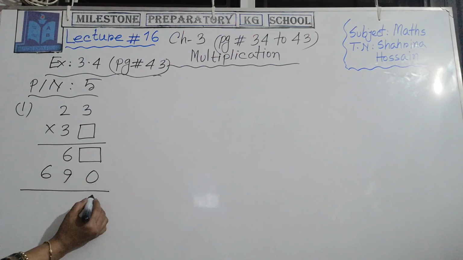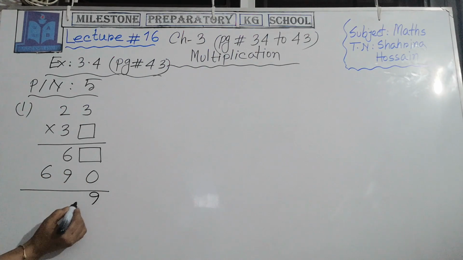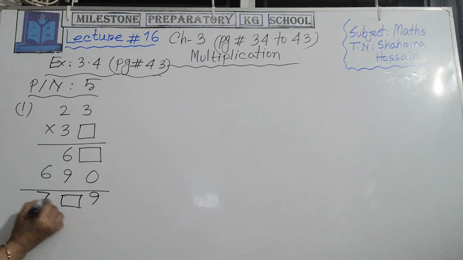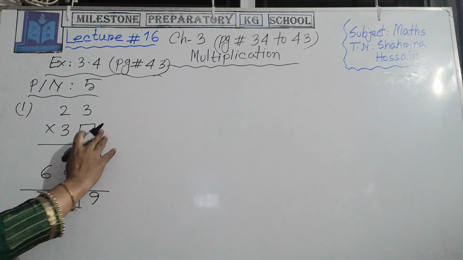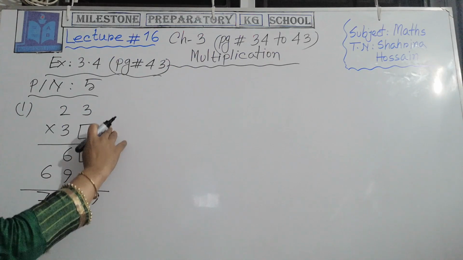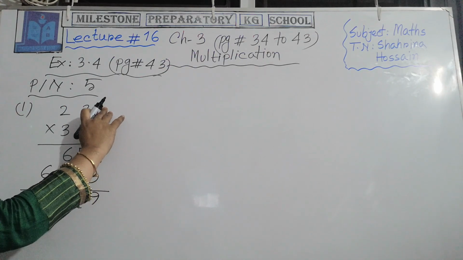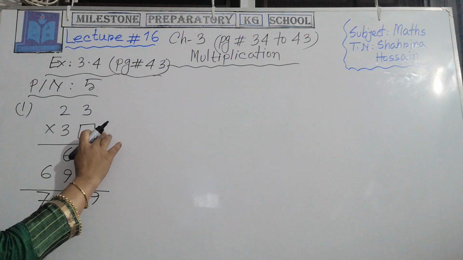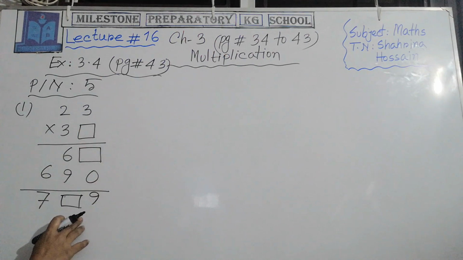Answer is 9, box, then 7. Okay. Now see the most right side, they are giving the multiplicand, but in the multiplier there is a box. In the product side there is also one blank box. Okay. So how can you find the answer?